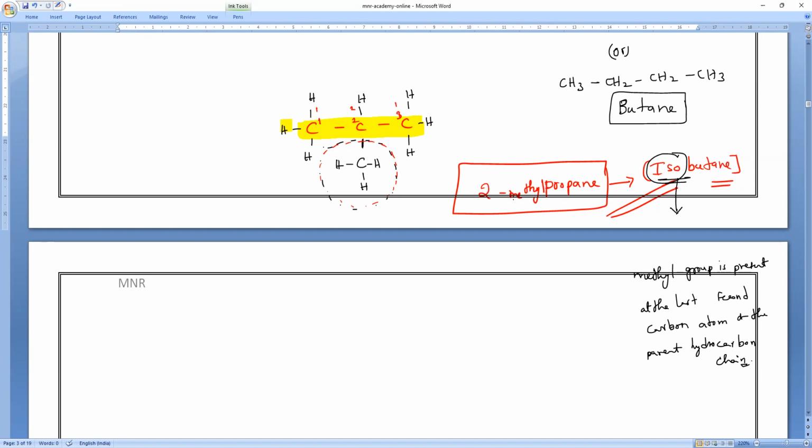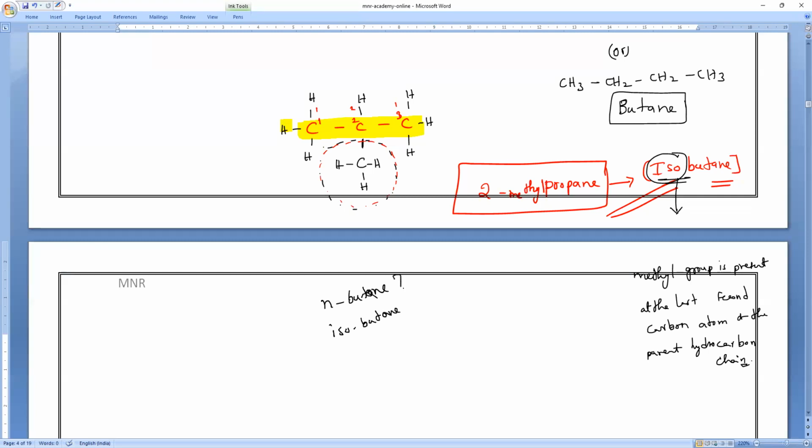So what are the isomers of butane? N-butane and isobutane are the isomers of butane.